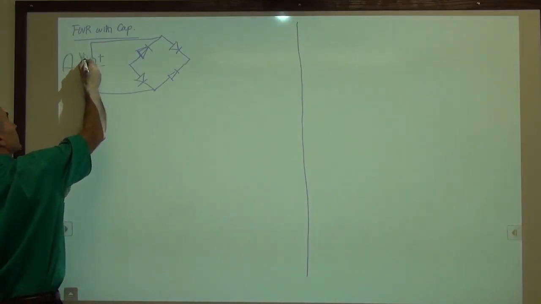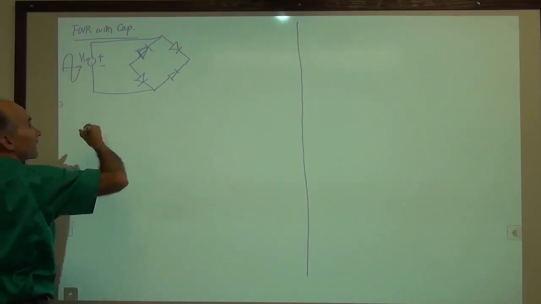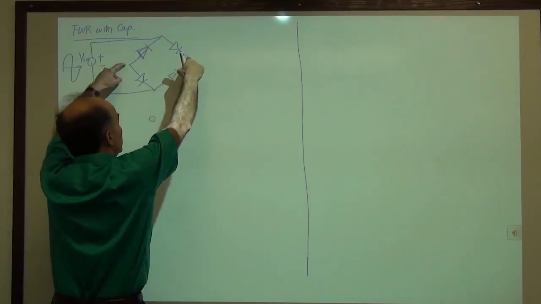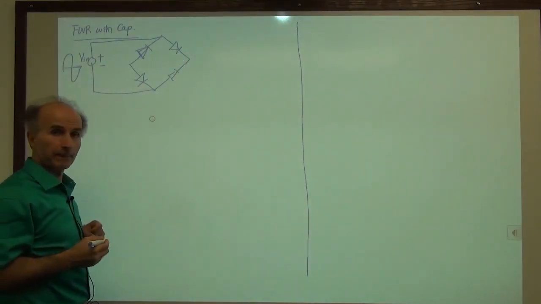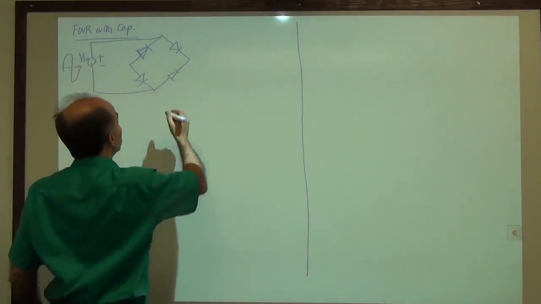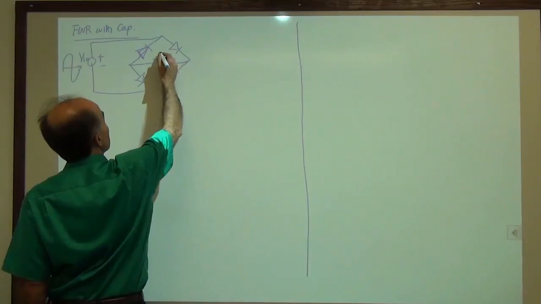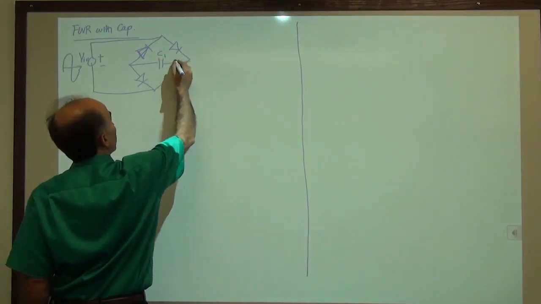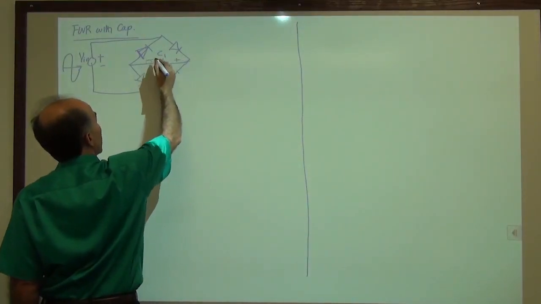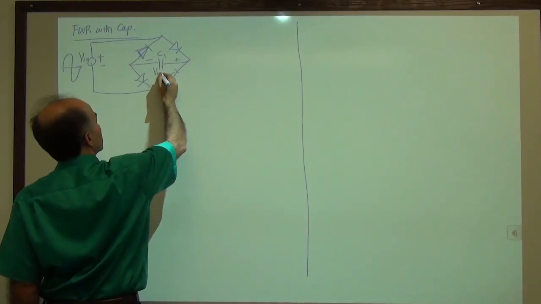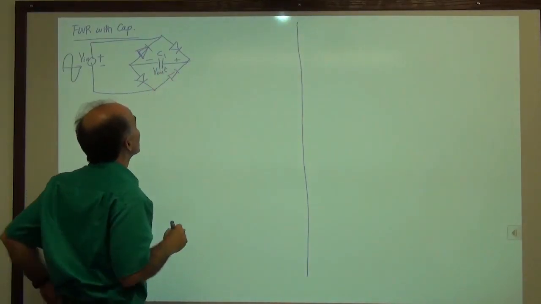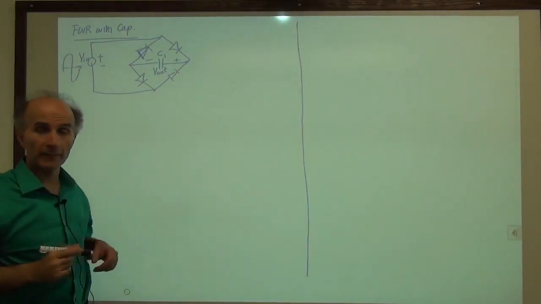That is our input. And then we connect a capacitor between the two outputs. Okay, so we can connect a capacitor like this, C1, and again the output always has this type of polarity, V out. And we'd like to see what happens.